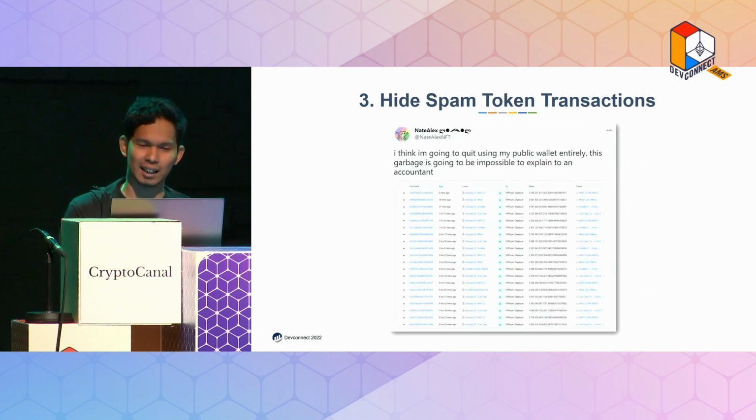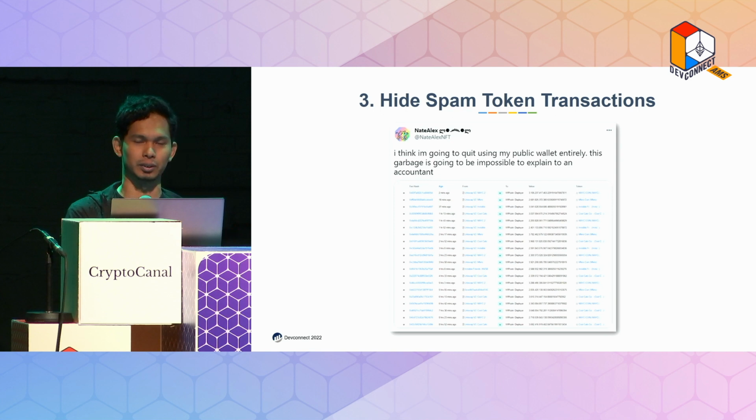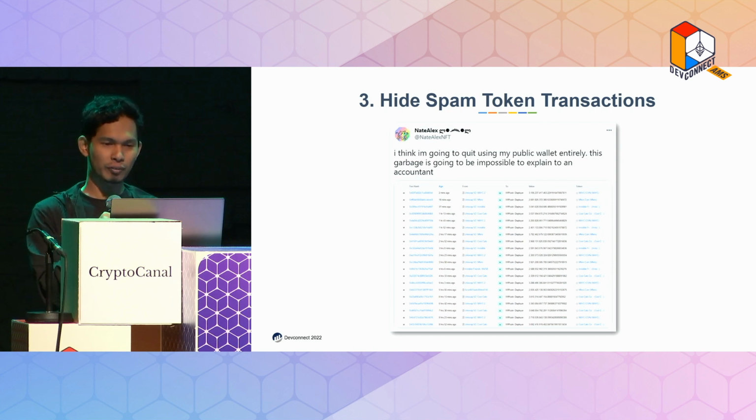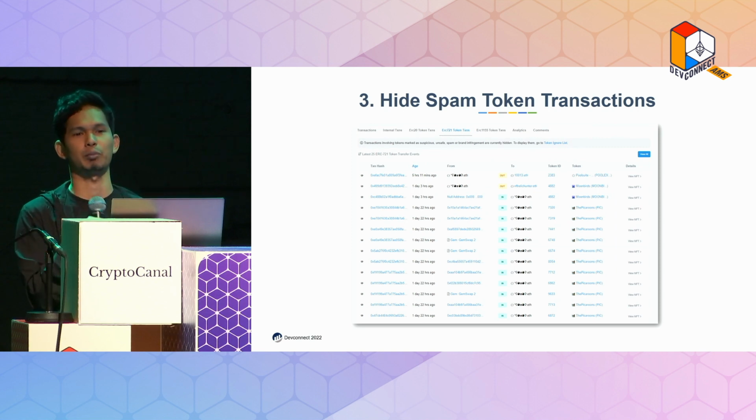So Nate Alex even complained about not being able to use his address page on Etherscan, because not just one page, but multiple dozens of pages are filled to the brim with these kinds of spam transactions. So what we've done just last week, we've introduced an option. It is completely optional. It's not done by default.